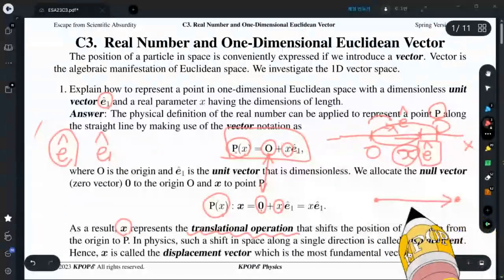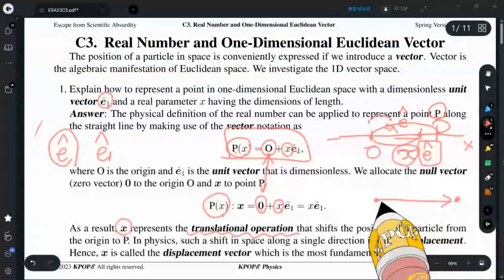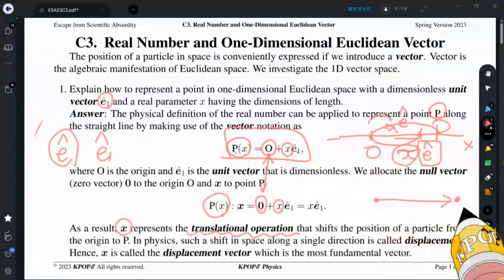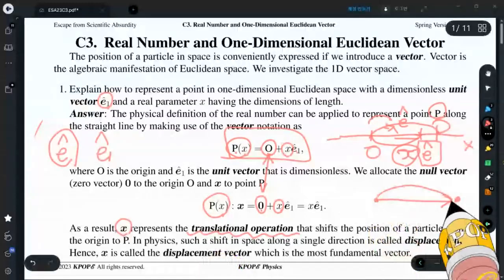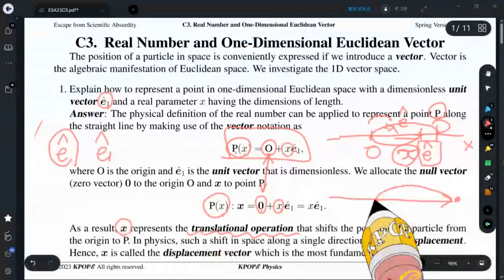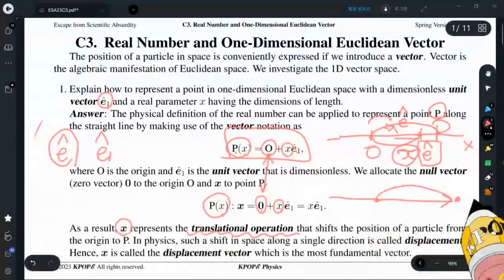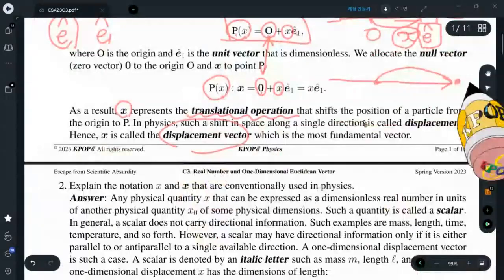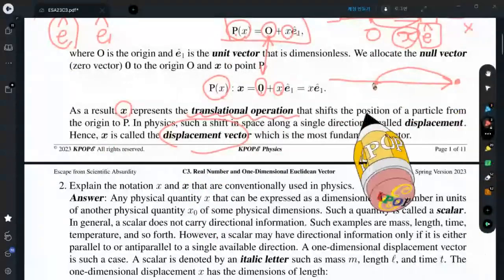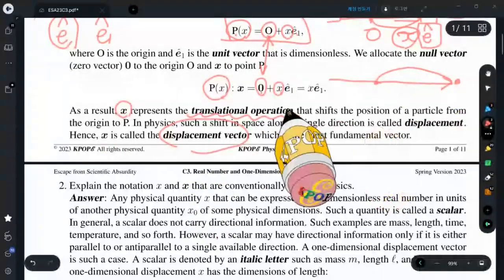This is called the displacement, changing the position of a particle. So this displacement is equivalent to the translation. Translation has a magnitude, but it keeps the direction. We call this the displacement vector, and that is the most fundamental vector.